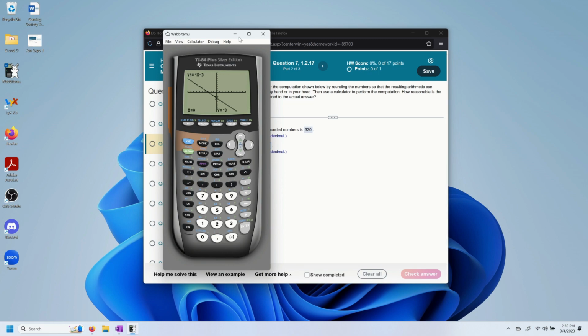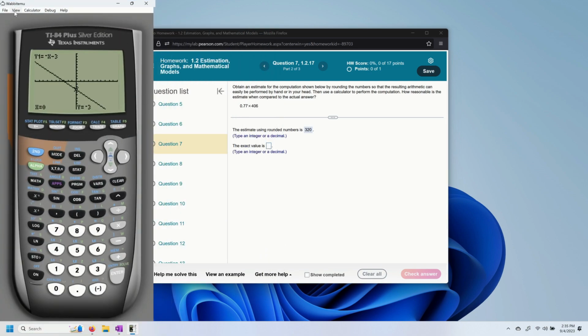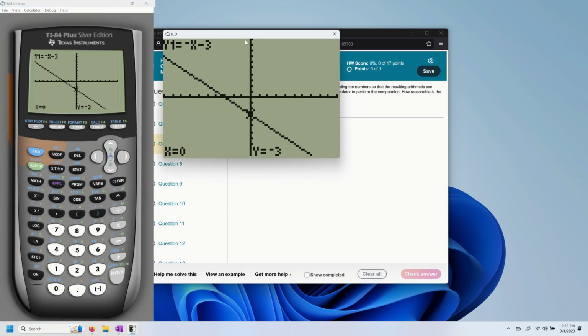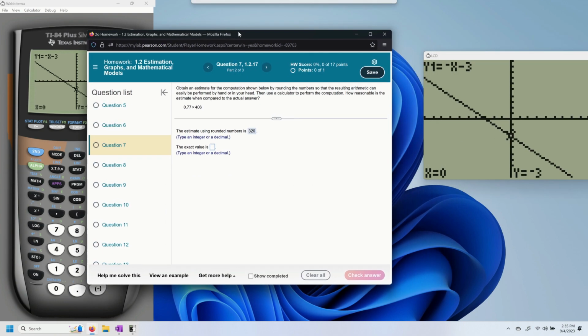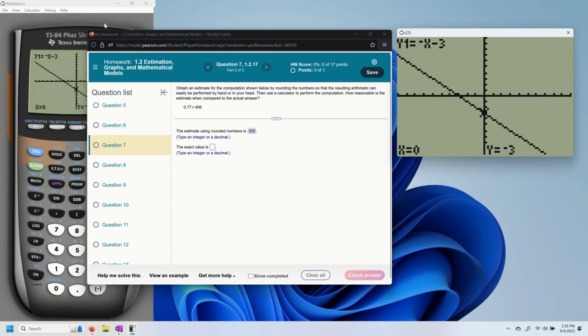Here it is. You kind of maximize this, and let's do the detached LCD so we can actually see it here. And I'm just going to kind of wiggle these things around to help my life.